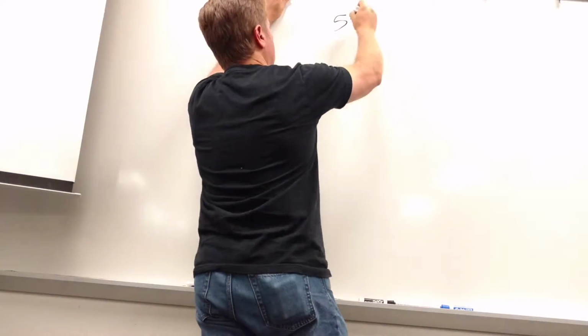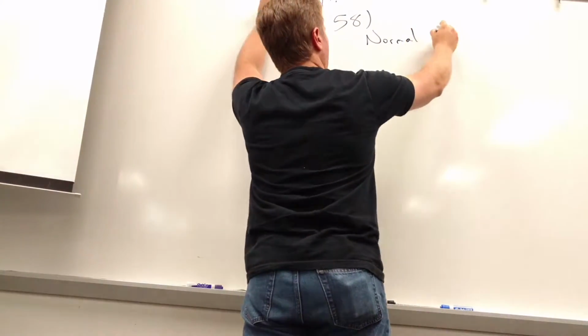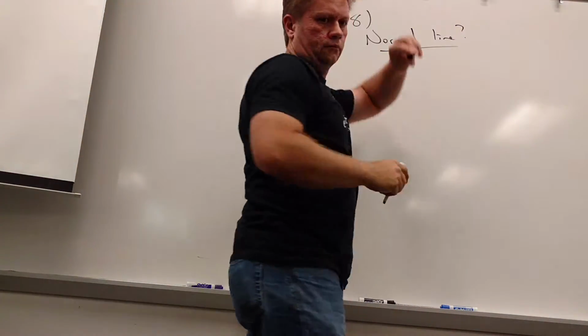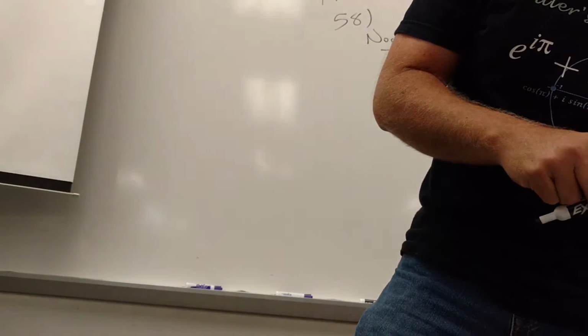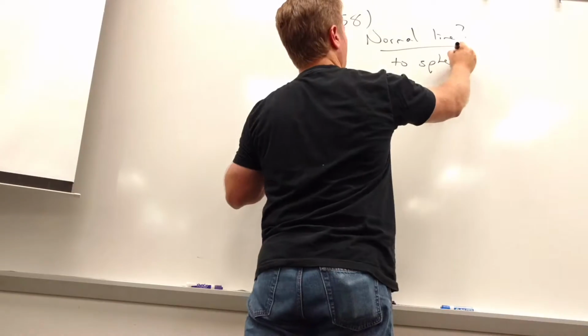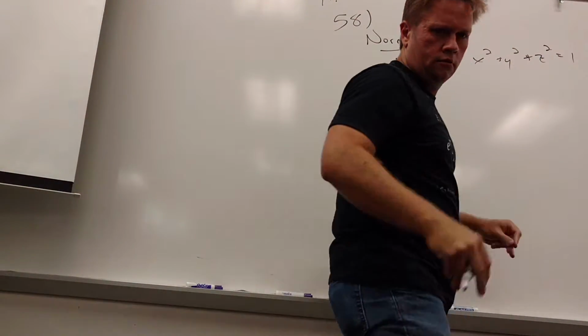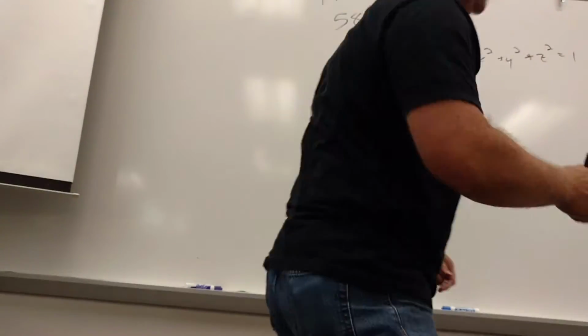This is 58 in the same section. Show that every normal line to the sphere passes through the center.